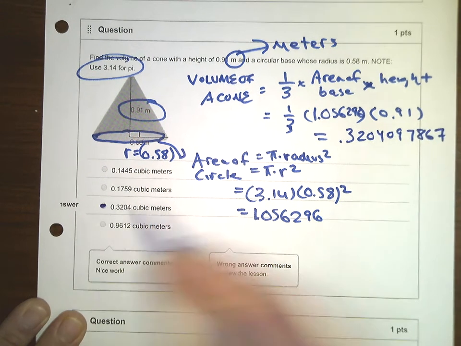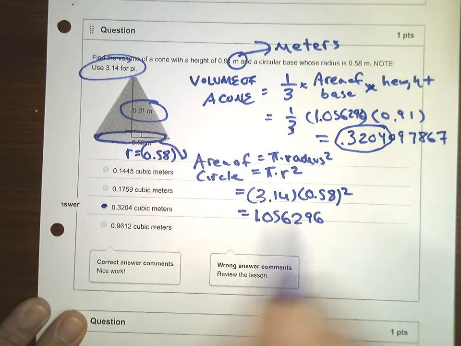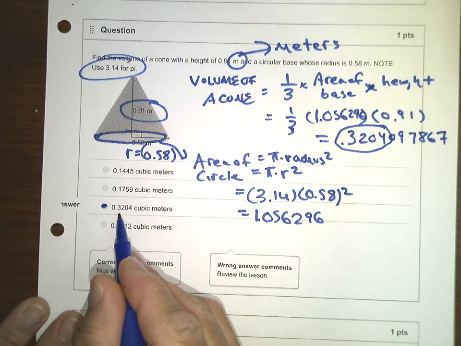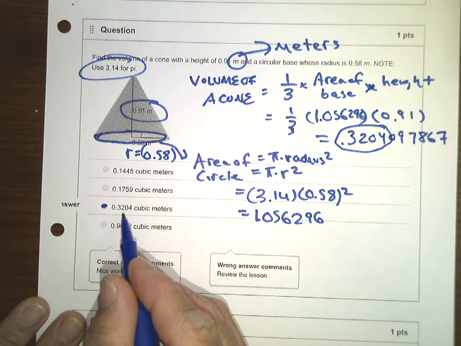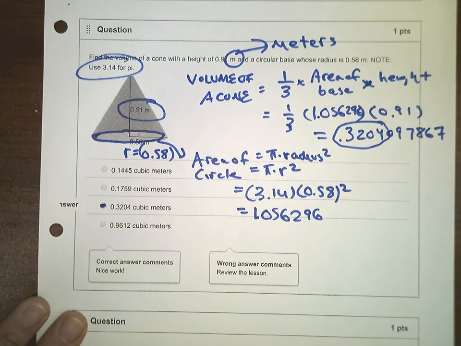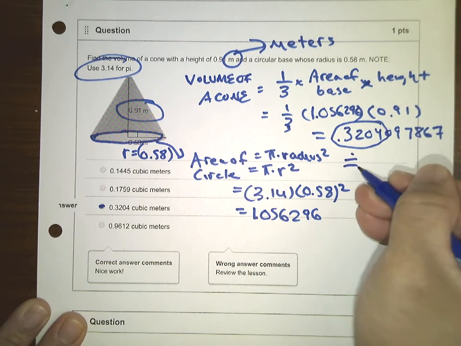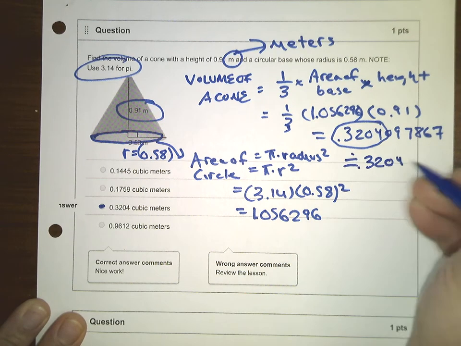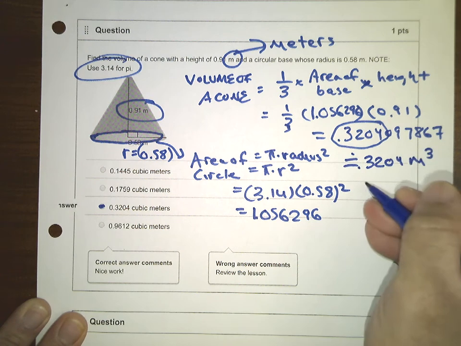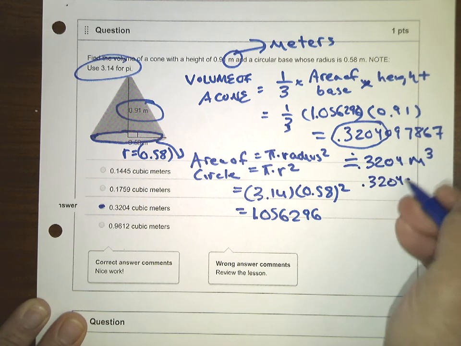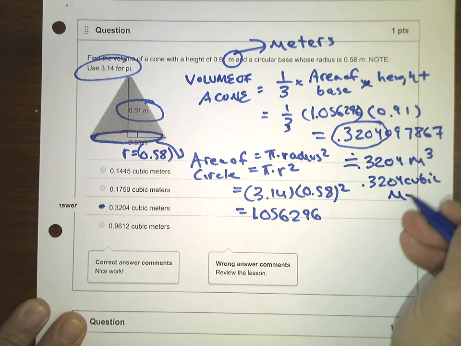I can see that the answer right here was rounded to the nearest ten-thousandth place. Sorry about that. So this will be approximately 0.3204 meters cubed, or 0.3204 cubic meters.